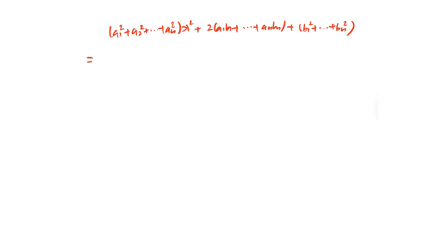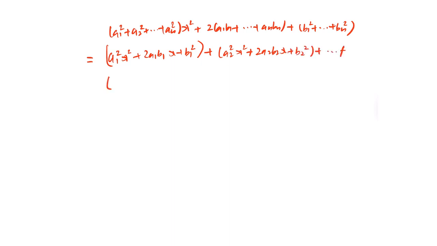And this will simply be equal to a1 squared x squared plus 2a1 b1 x plus b1 squared, plus a2 squared x squared plus 2a2 b2 x plus b2 squared, plus all the way up to an squared x squared plus 2an bn x plus bn squared.